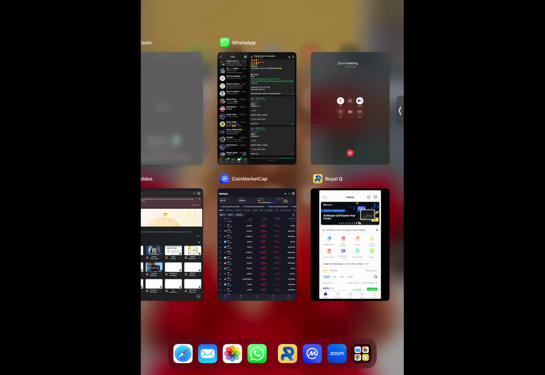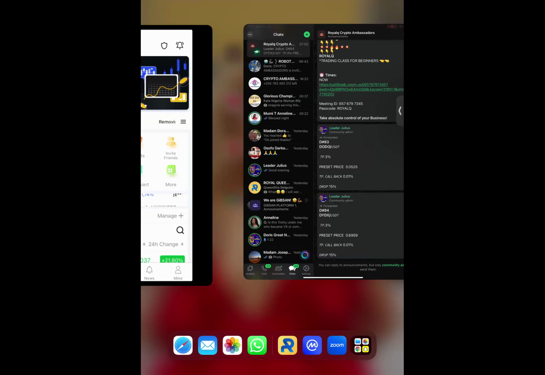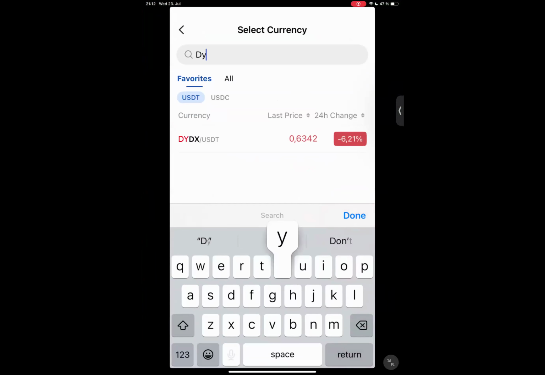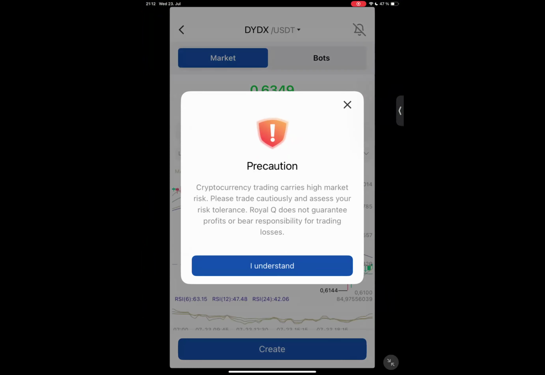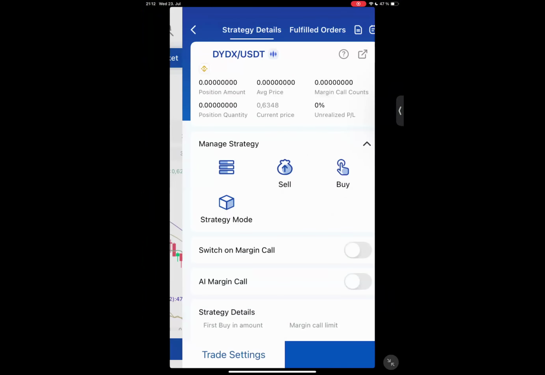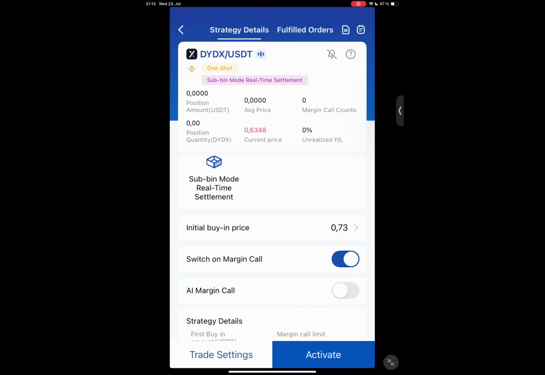The second signal is what? DYDX. Tap on search. DYDX. Okay, that one I've saved settings before. So I tap on it. Then I understand. Then create. Martingale. Then create. Okay, so this one, there is a preset.